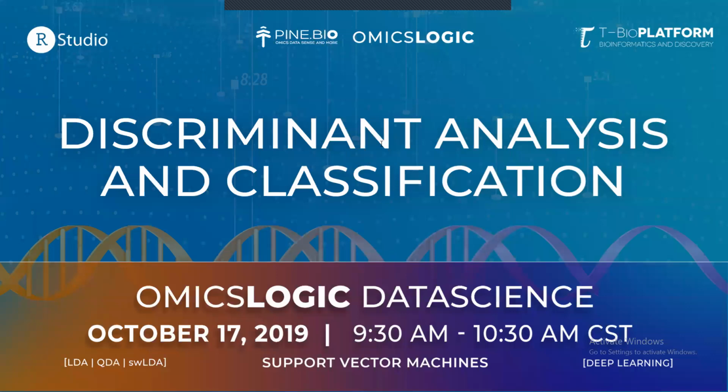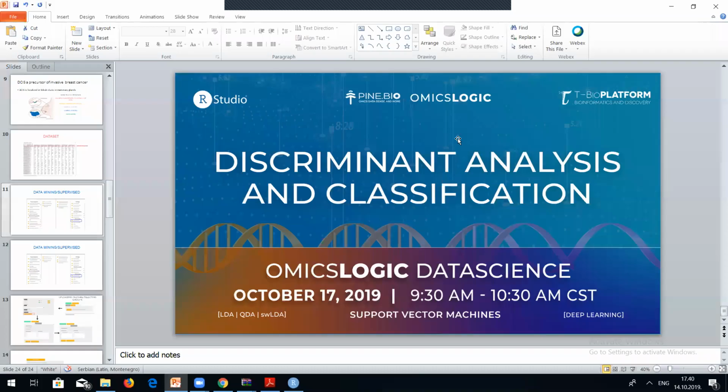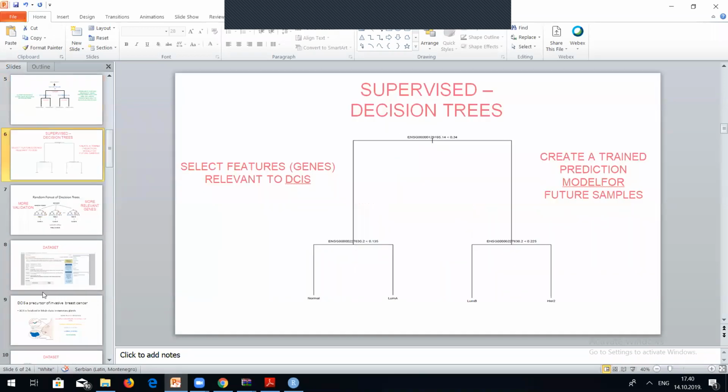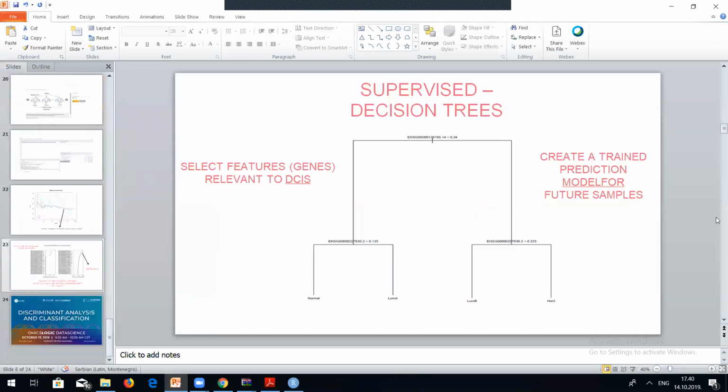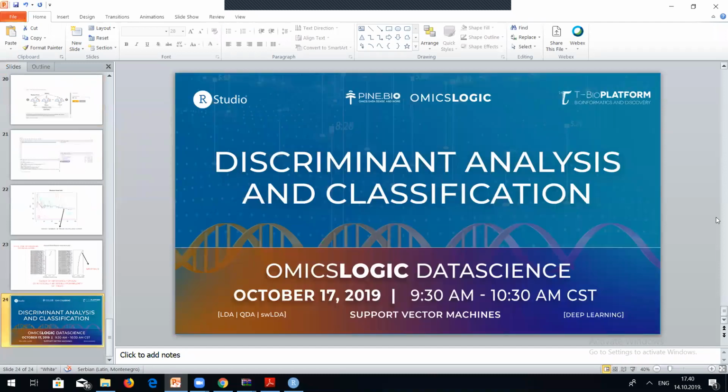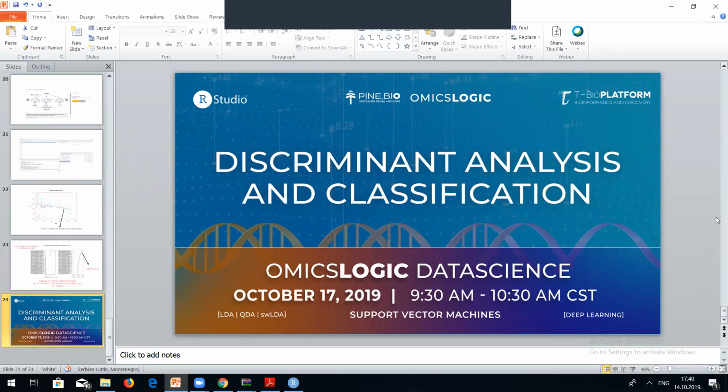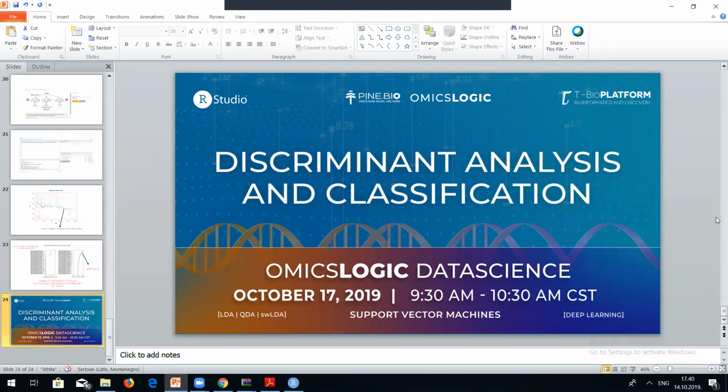We were also creating some discriminant boundaries, right? So in essence, we did a lot of those things today, but there is a section of machine learning that is called discriminant analysis, and it actually includes LDA, QDA, and support vector machines. There is also a section of machine learning that is called deep learning, and we'll talk about it a little bit in our next session as well.